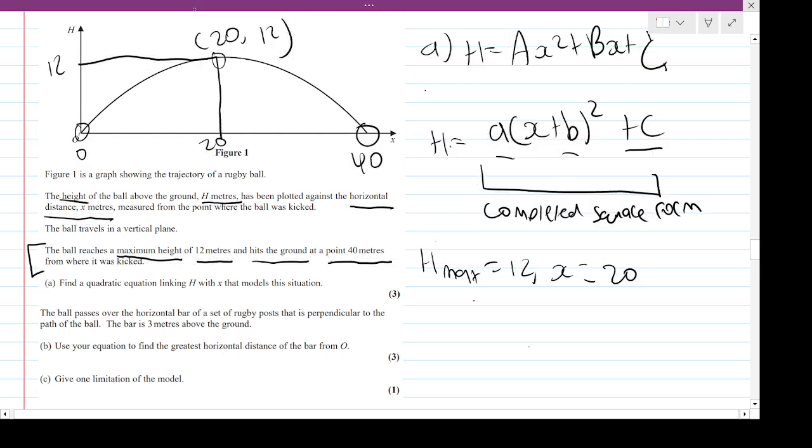So again, if we go back to this complete square form, the maximum 12, well, that's going to be when this whole quadratic, the whole bracket, equals 0, and so 12 is just going to be the number c, isn't it? But also, when the bracket equals 0, that means x has to cancel the b out.